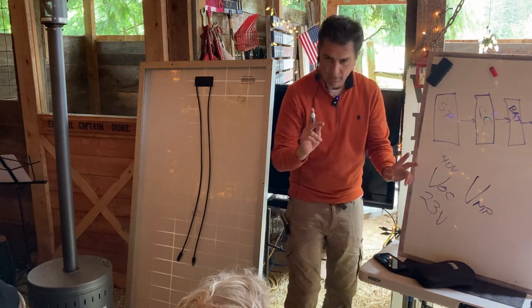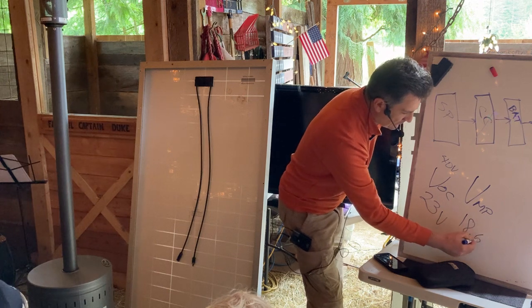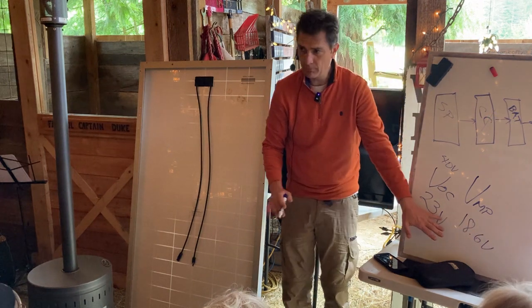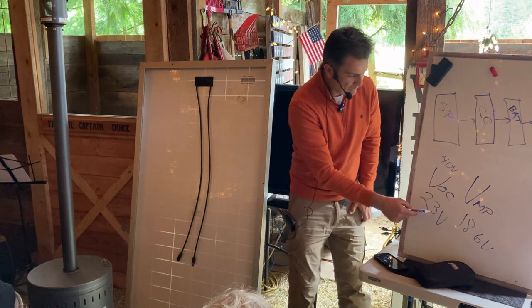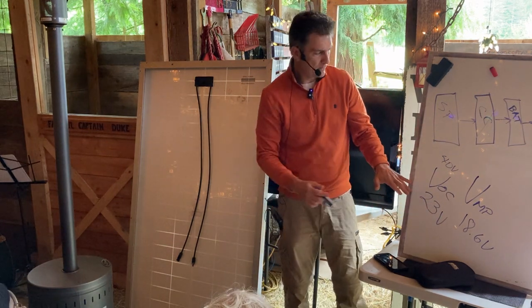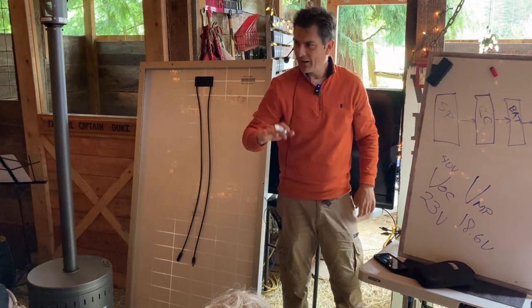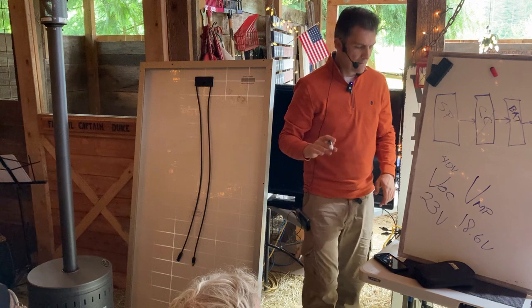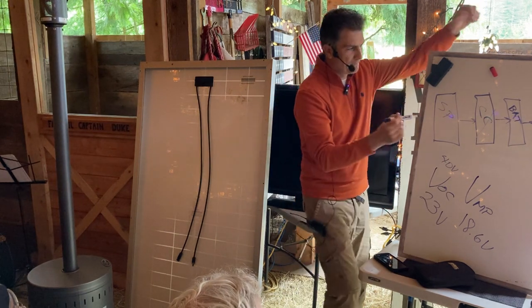But at VMP, it's saying 18.6 volts. That's just on this panel. It changes for every panel. So this panel is actually pretty good running into a battery directly. Kind of. It's going to overcharge it. But anyway, okay, sorry.